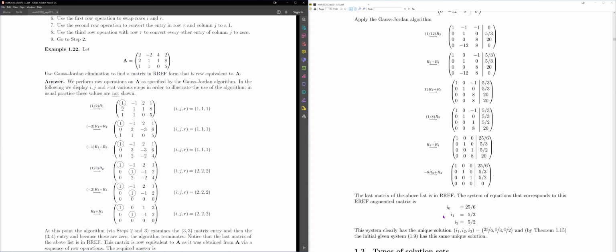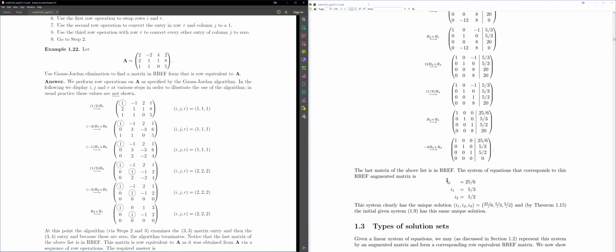So your three cases would be unique, infinitely many solutions, and no solutions, right?